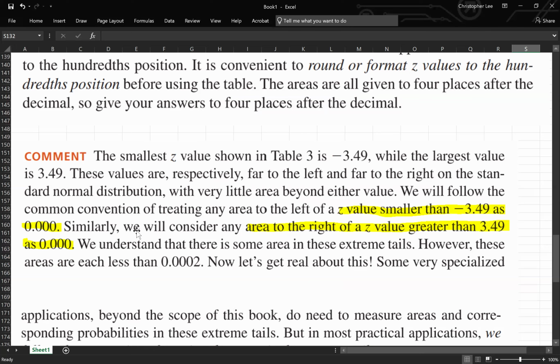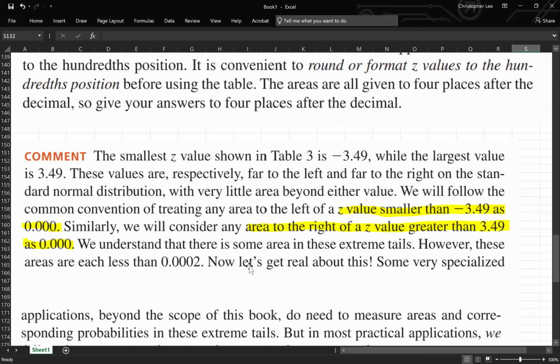We will follow the common convention of treating any area to the left of a z value smaller than negative 3.49 as zero. Similarly, we will consider any area to the right of a z value greater than 3.49 as zero, right? So we understand that there is some area in these extreme tails. However, these areas are each less than 0.0002.